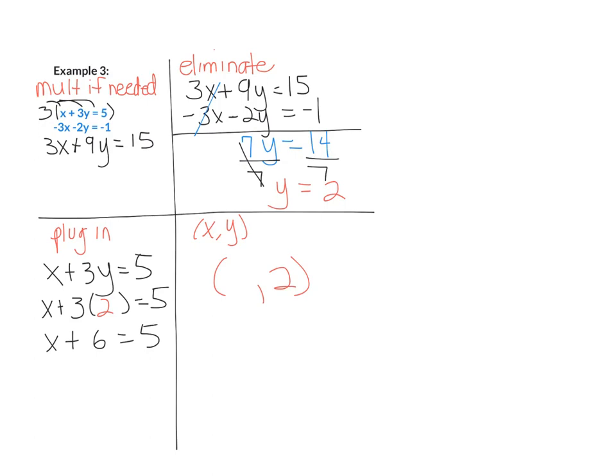Now I'm going to go ahead and subtract 6 from both sides. I'm going to have x. 6 take away 6 will cancel out. 5 minus 6 will give me a negative 1. So my answer is negative 1, 2.